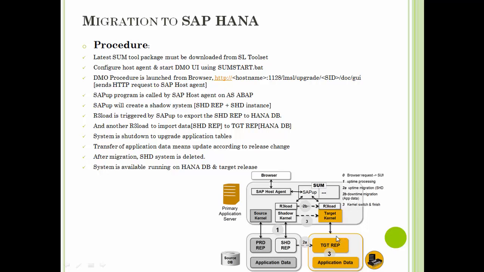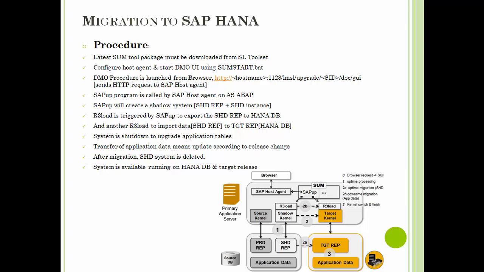And with this preparation of the target repository and target kernel, we have the solution leveraging the capabilities of SAP HANA. And once the DMO procedure is completed successfully, we have the shadow repository removed along with the procedure completion, and the system runs on the HANA database with the target kernel.